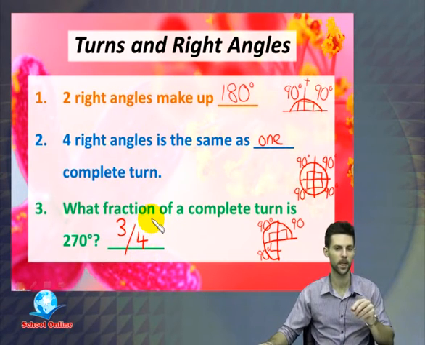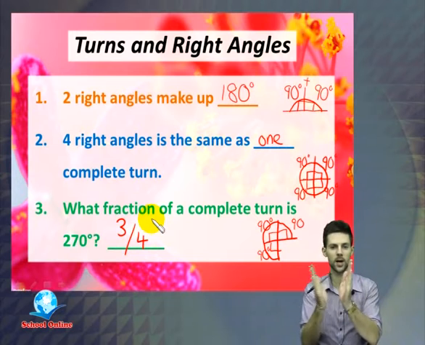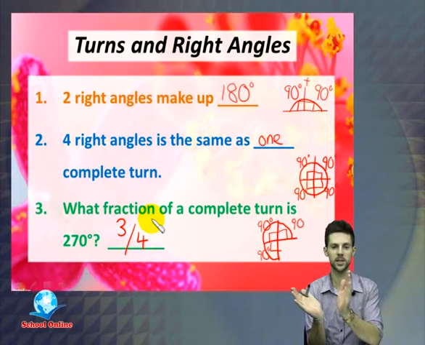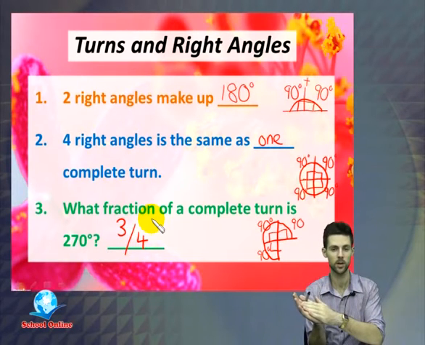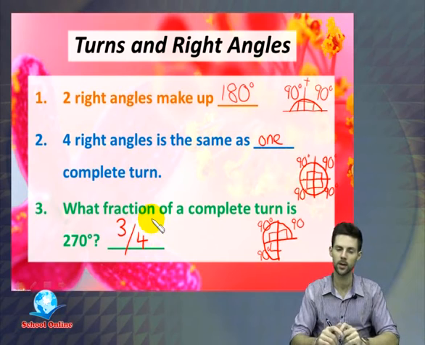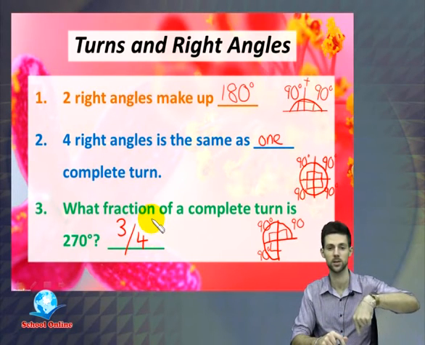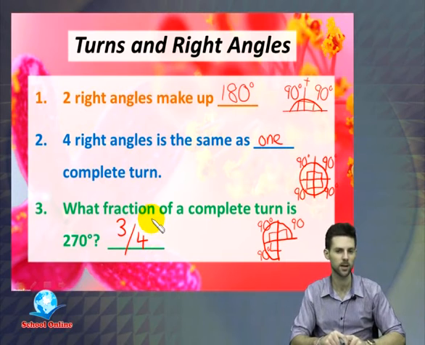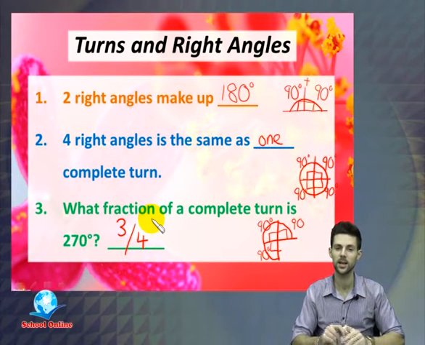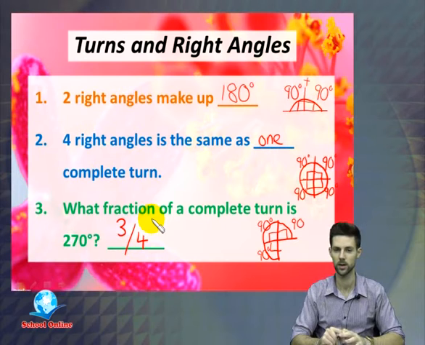Okay, so remember, if you move through one right angle, how many degrees is that? 90. And what fraction of a turn? 1/4. If we move through two right angles, how many degrees is that? 180. And that is half a turn.